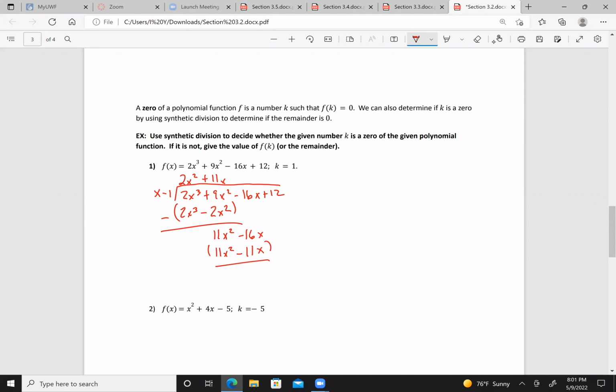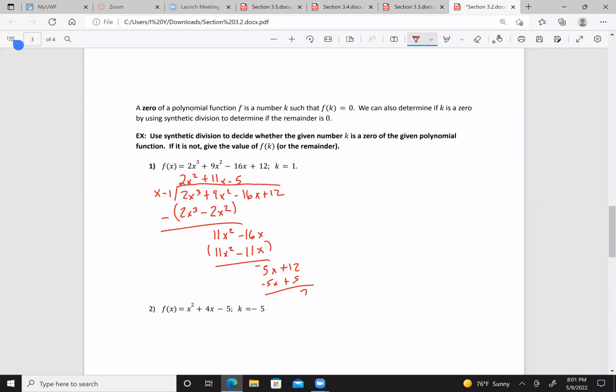Subtracting all that gives me negative 5x plus 12. Minus negative 5 gives me plus 5, which gives me a remainder of 7. So this is not a 0.